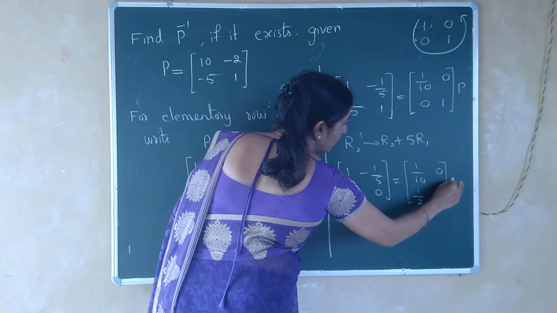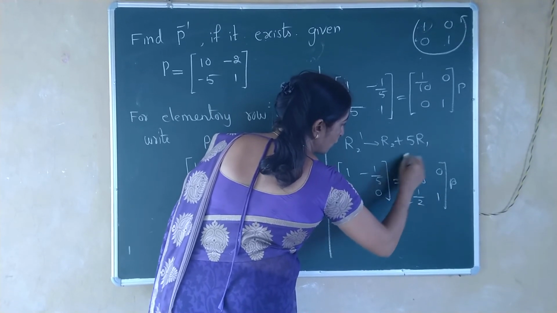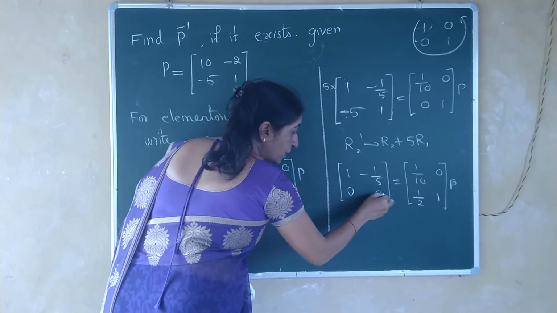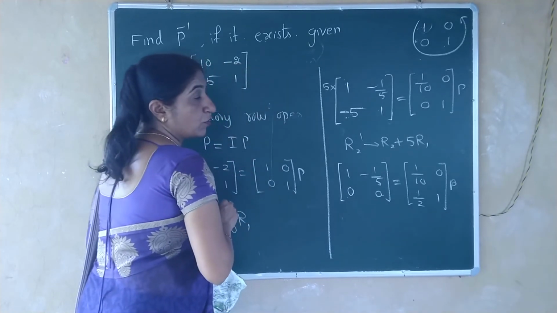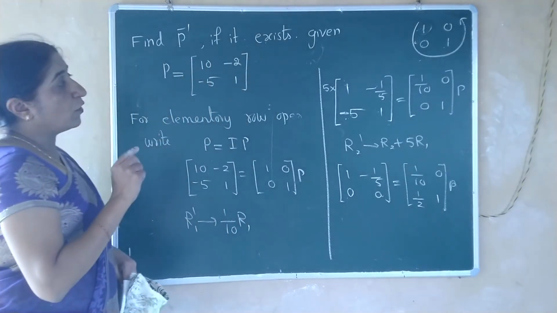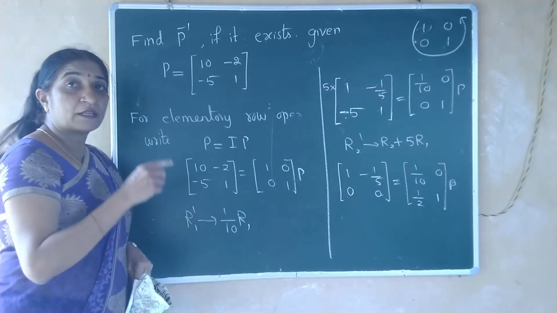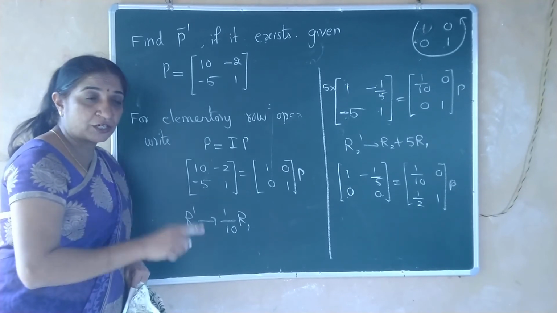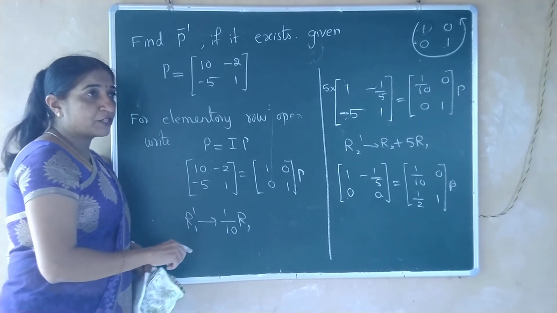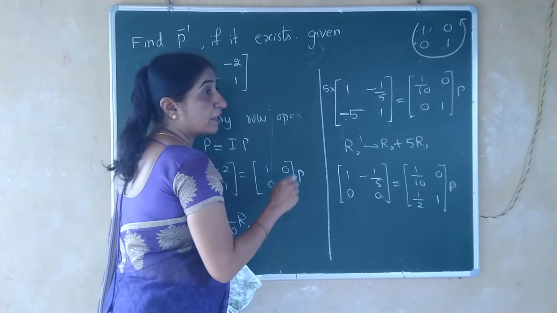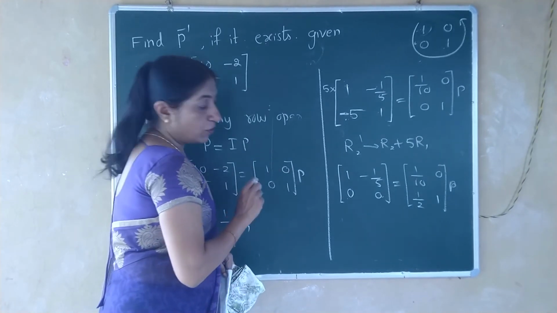it is 1. But this is not important for us because here both the elements in the second row are 0. When you are finding an inverse and applying row operations, if all the elements in any row are 0, then the inverse does not exist.